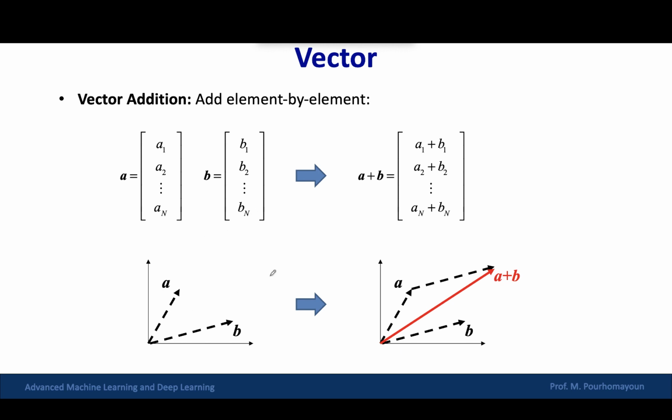But here, if you want to show how it works, this is vector A, this is vector B. When I want to add them, I just need to draw vector B at the end of vector A. So this is another B, and then this will be A plus B. Okay, so this is how it works.